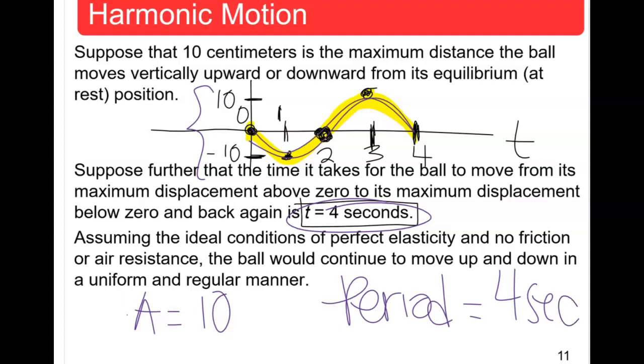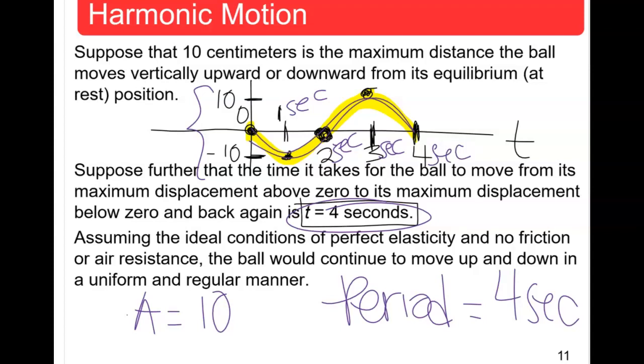If one period took 4 seconds, then every second, this was 1 second, 2 seconds, 3 seconds, and 4 seconds.